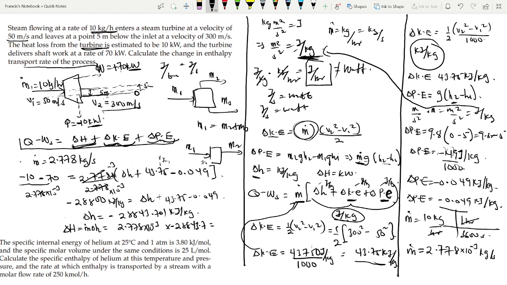And then our answer becomes 2.778 times 10 to the power minus 3 multiplying negative 28843.7. Now we get negative 80.13.